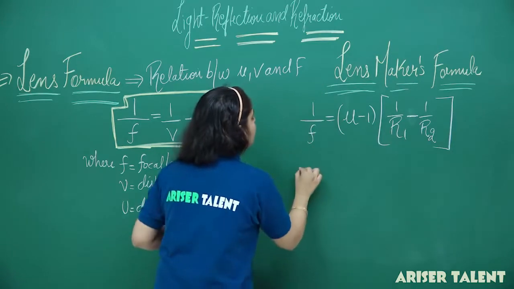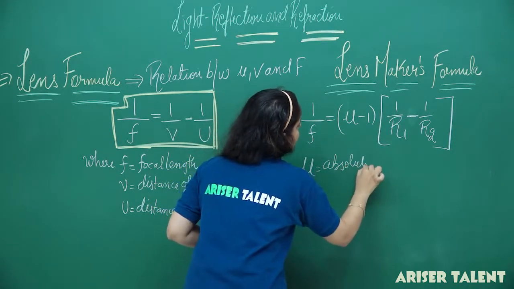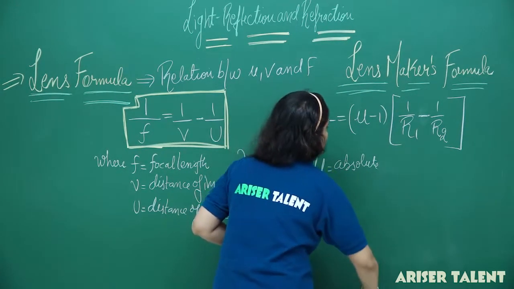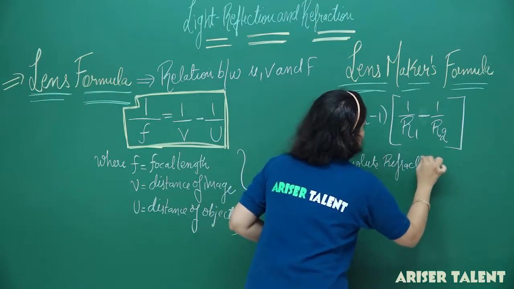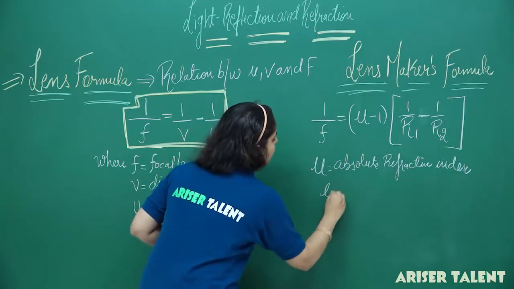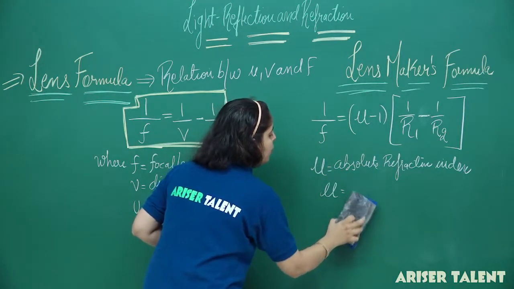Now what is this mu? Mu is the absolute refractive index, and this mu will be written as n of air upon n of vacuum.